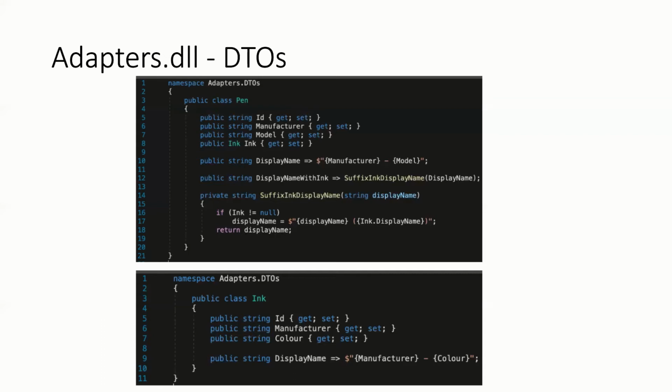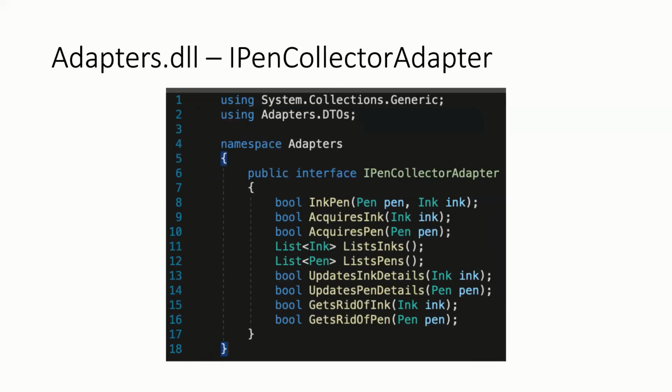We've got our pen collector adapter, which is basically just a wrapper around the pen collector interactor in the use case. It very much just maps the same interface, although the DTOs for this are the adapter DTOs, not the use case DTOs.